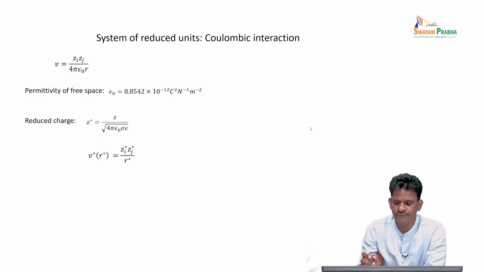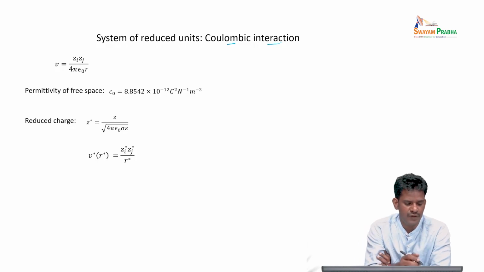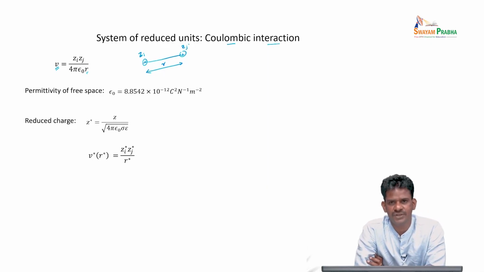For example, if you are looking at Coulombic interactions between ionic species, then we know that the potential energy goes as 1 by r, where r is the distance between a set of charges, and where Zi, Zj are the number of charges in those ions.